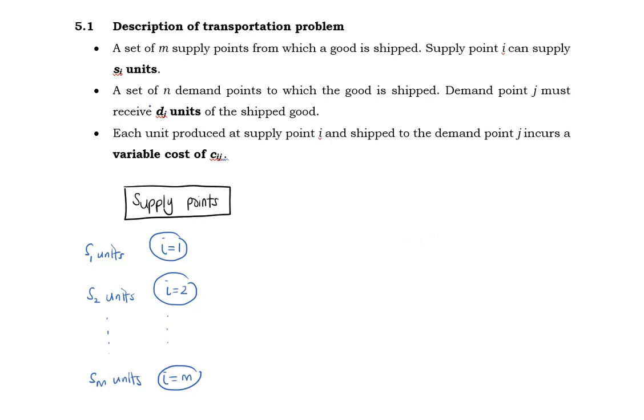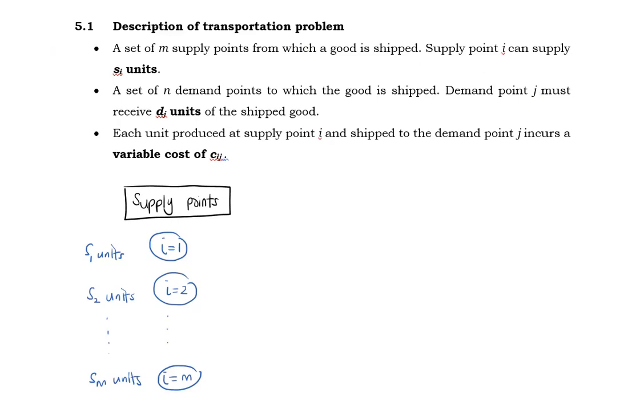Next, we have a set of n demand points to which the good is shipped. Each demand point must receive dj units of the shipped good.